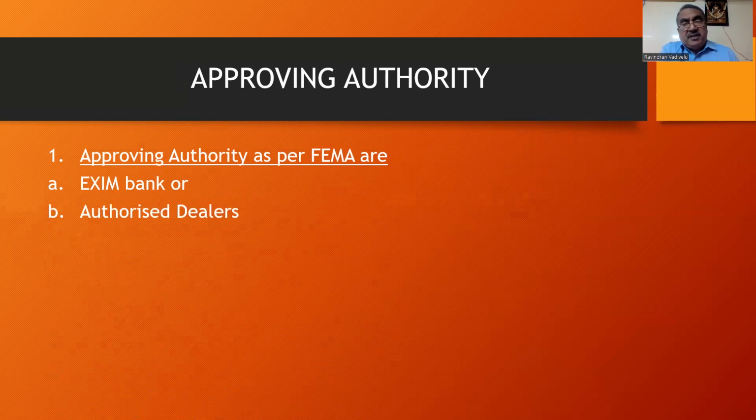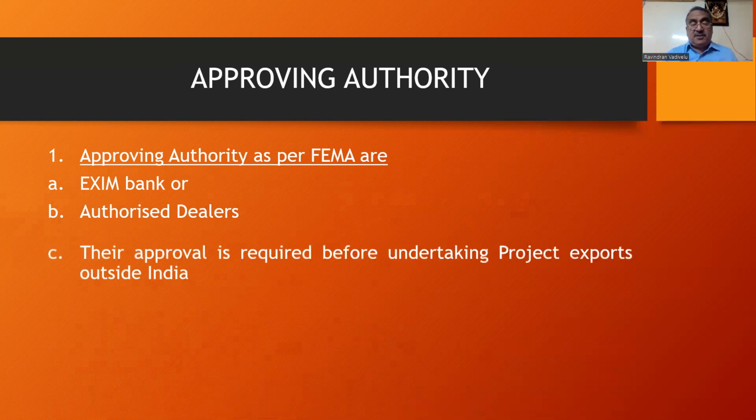Authorized dealers are appointed by the Reserve Bank of India, which includes the banks. So before going for export of services or projects, they have to submit the application to the AA to get the approval. With their approval, only then are they eligible to export the projects or services.